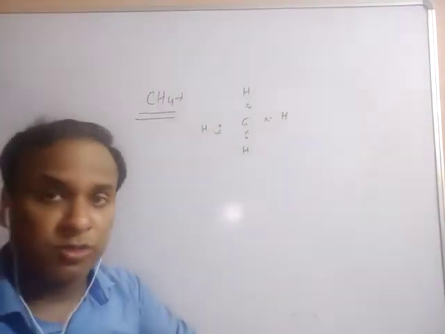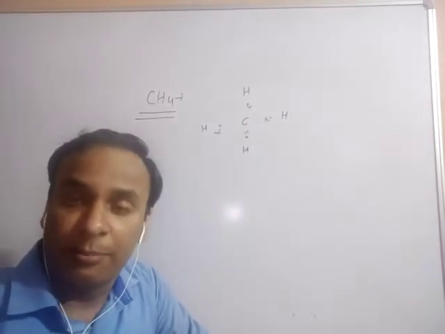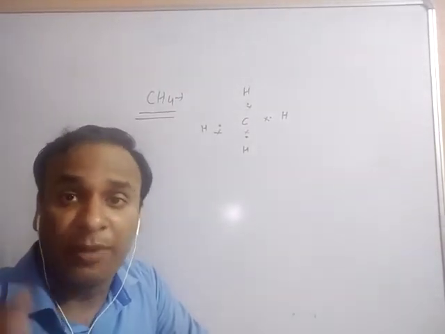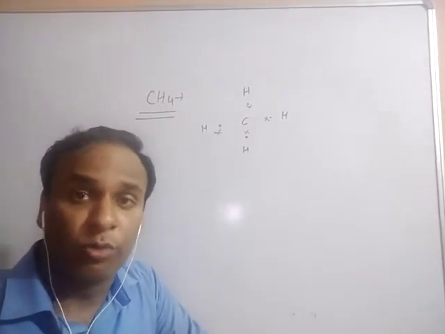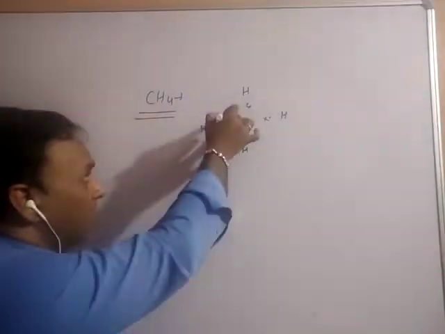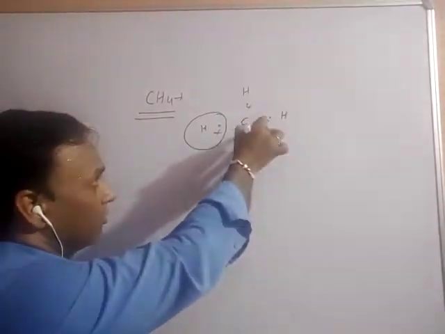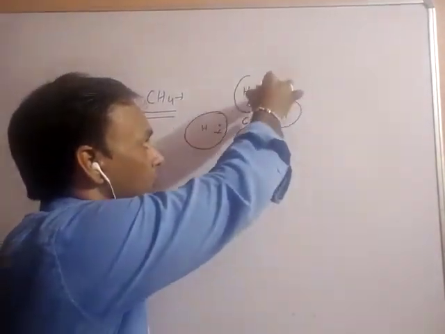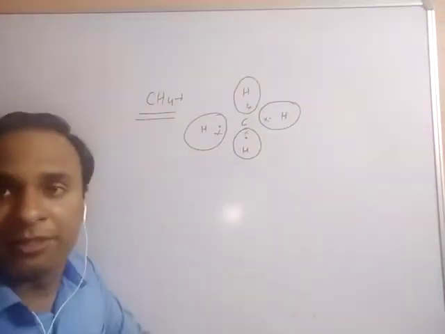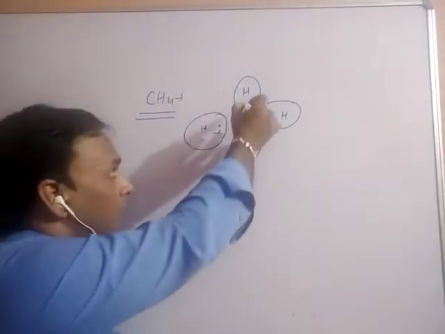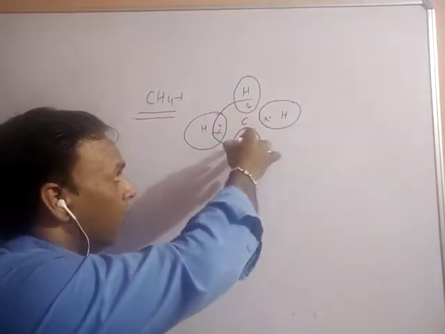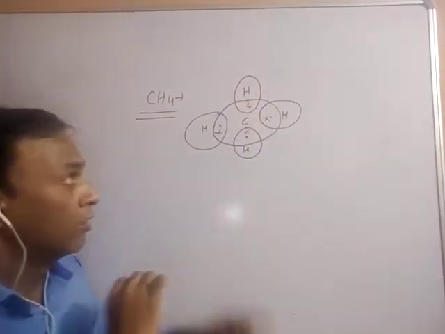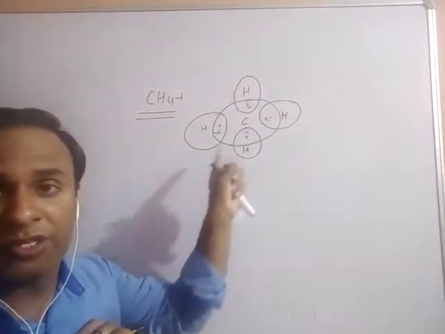And hydrogen is the only element in the periodic table which is stabilized by 2 electrons, which follows the doublet rule. Meaning hydrogen requires only 2 electrons, while carbon acquires 8 electrons, 2 from each hydrogen atom.